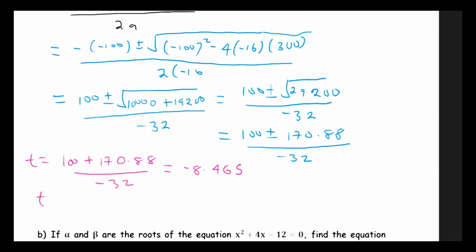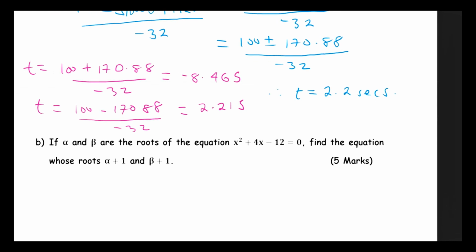Or you could have t, when we use the negative sign, 100 minus 170.88 over negative 32, which should give you positive 2.215. And remember, t is time, and we cannot have negative time. Therefore, t is equal to 2.2 seconds. Okay, so let us move on to the next question.